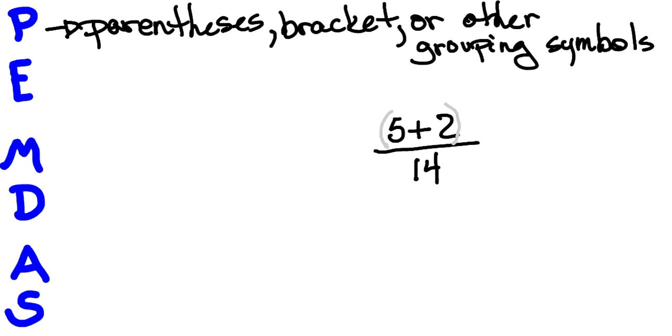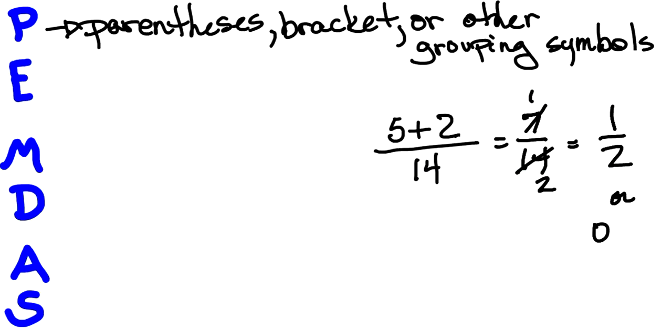In this regard, the fraction bar is acting like a grouping symbol. So keep in mind that you can have other symbols that are grouping symbols. Remember, there's absolute value as well, etc. At any rate, this would be 7/14, and when we reduce, 7 goes into itself once and into 14 twice, so 1/2 or 0.5.